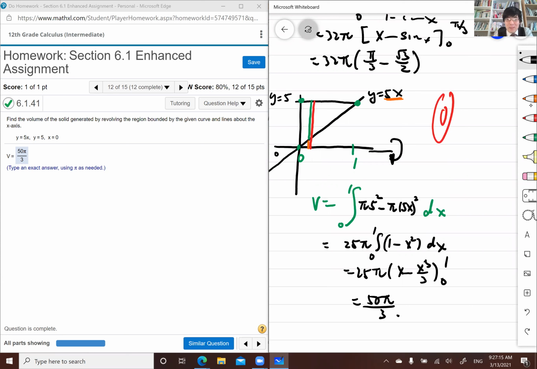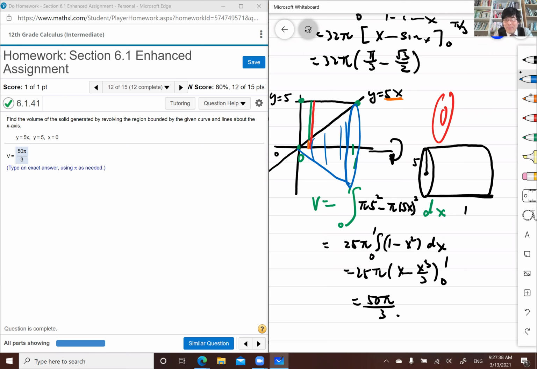By the way, for this one, you really do not need integrals, because when you revolve this one, you get a cylinder with radius 5 and height 1. And you have a cone like this, whose base radius is 5 and height is 1.